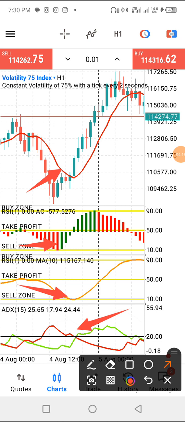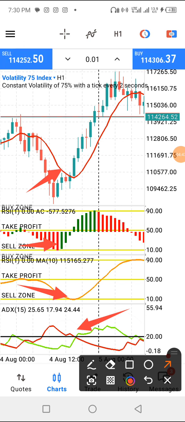For those of you who have been observing my strategy recently, you notice I love putting ADX because it increases the probability of your entry. So you notice that the positive ADX is above level 20, which indicates there is much momentum for price to buy. So in this case, you open a buy and hold. Immediately you make good profit, you opt out. Exactly. That is for a buying condition.